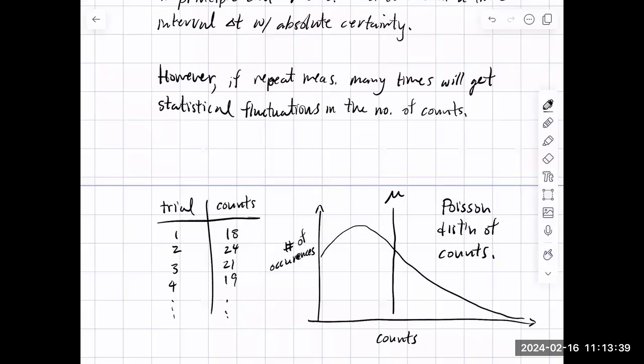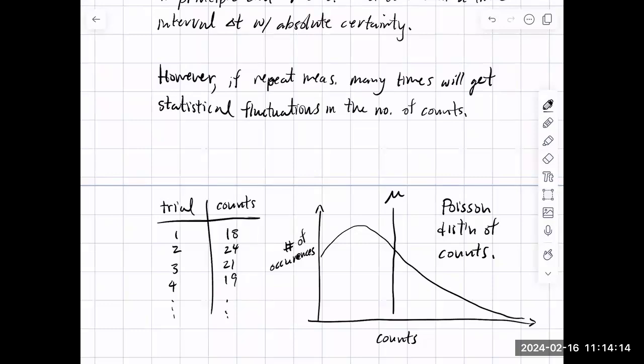What we do in a lot of cases is say, all right, I'm going to do the experiment once, and I'm going to assume that the number of counts I made is a reasonable estimate of the mean. It's not going to be equal to the mean, right? I could get unlucky and I could make a slide where I count something that's way out at this tail, and that's quite far from the mean, and it's not a good estimate.